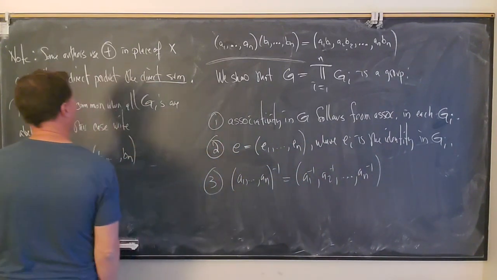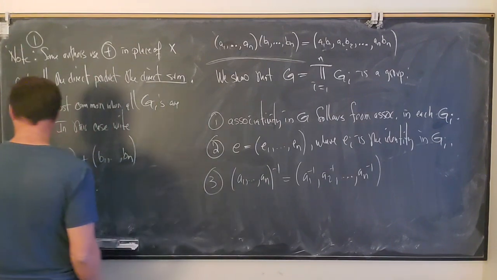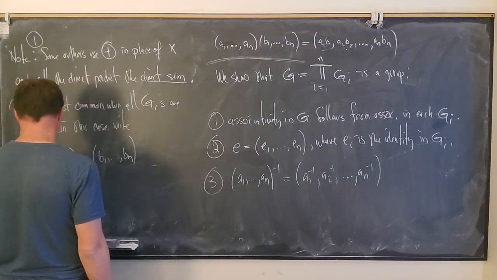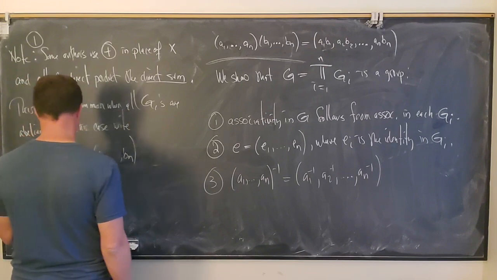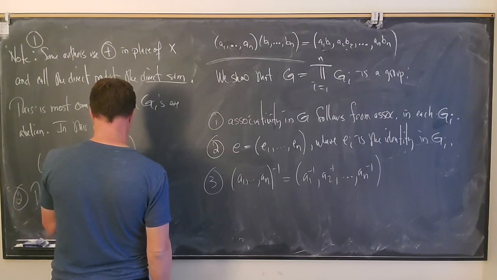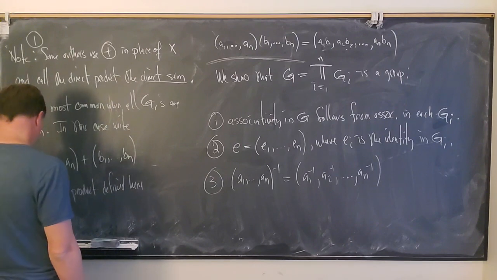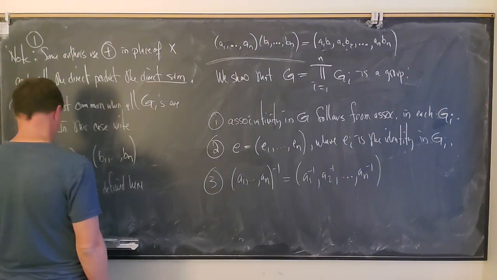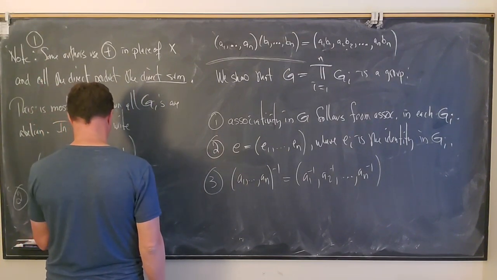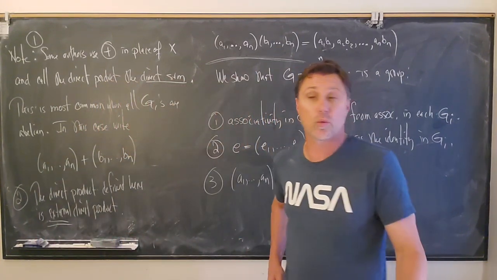The second thing, so this was really, I guess, my first note. I should have labeled that note 1. And then the second note, what we defined as a direct product, the direct product defined here, is what's known as the external direct product, to be distinguished from what's called the internal direct product, which will come up later.